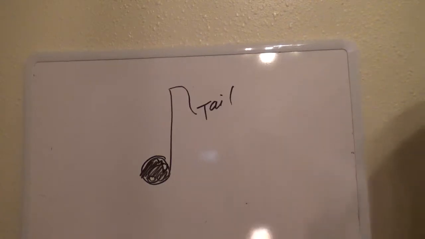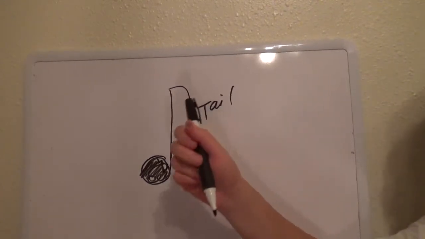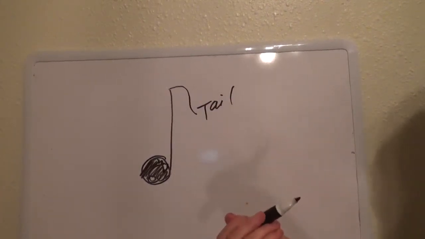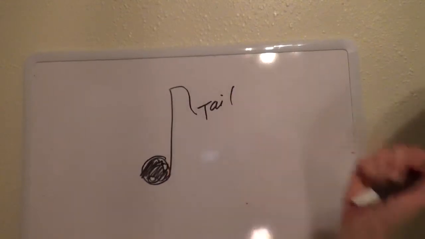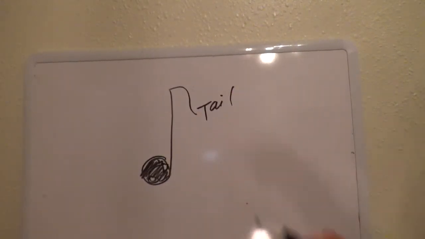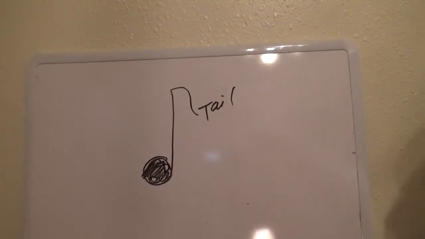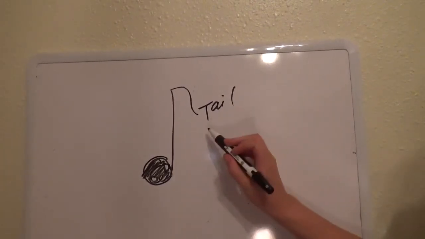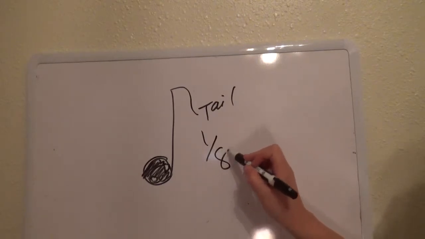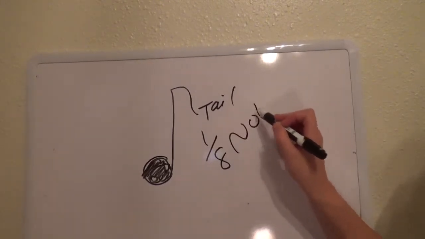So it's fairly easy to see why this is called a tail. Like, it literally just looks like a tail attached to a note, okay? So when you see this tail, you're going to know that what you're looking at is called an eighth note, okay?